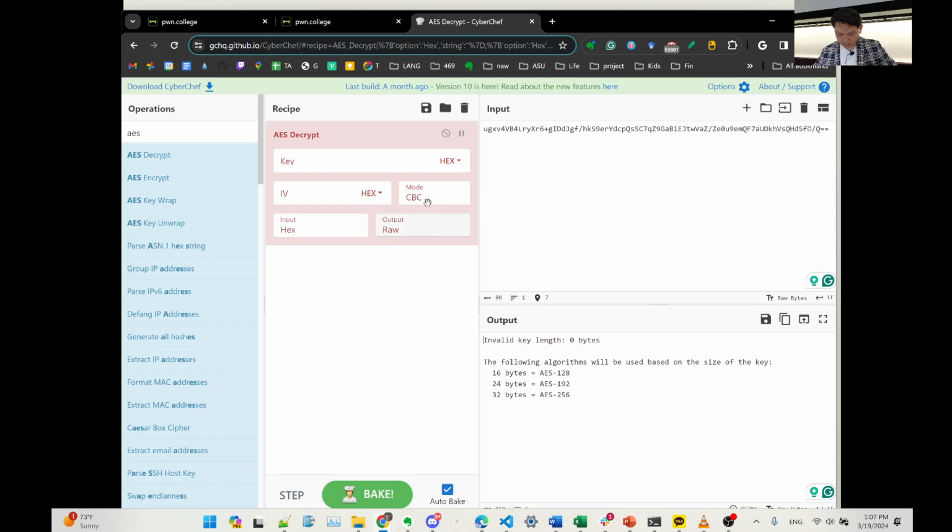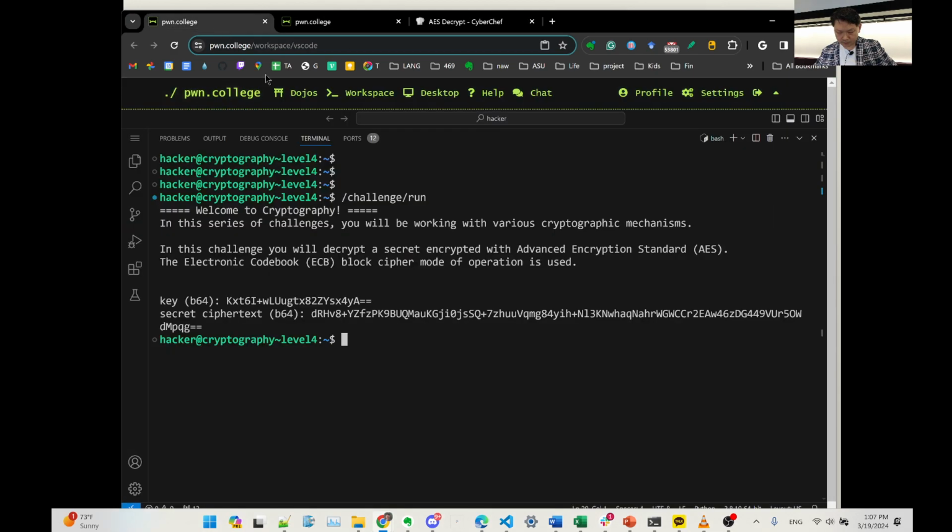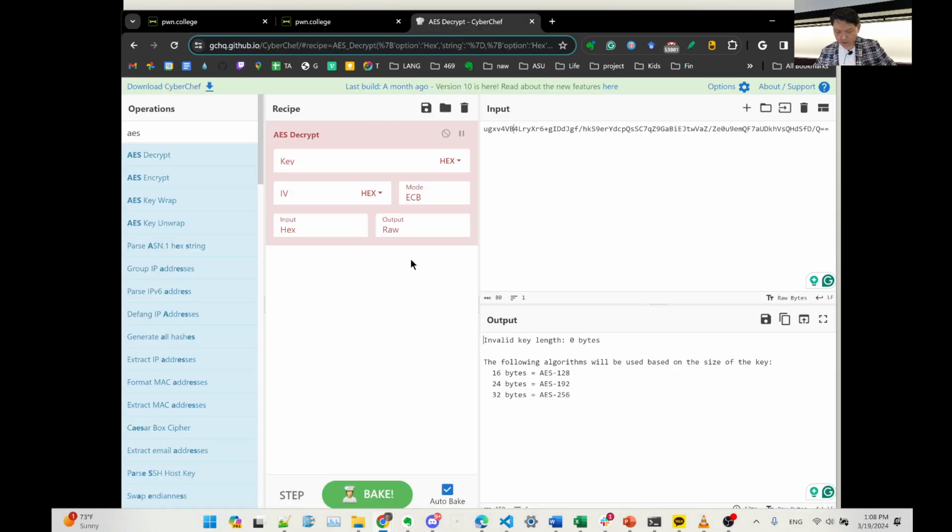So the mode, let's change to ECB mode. So you can try with this. This is the ciphertext, and this is the key. You can put this value in the CyberChef.